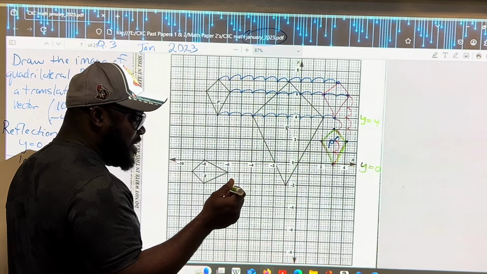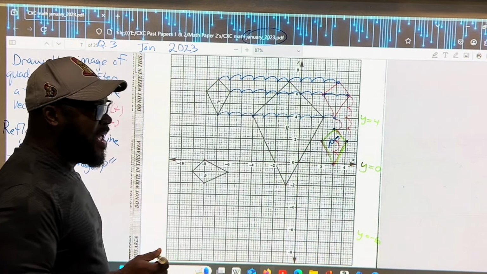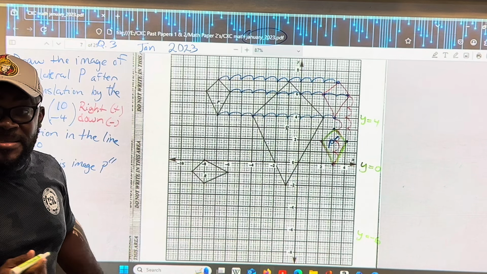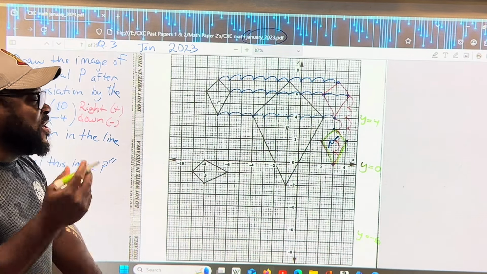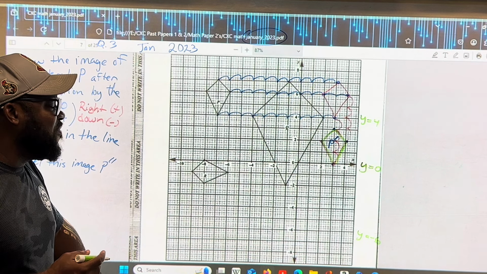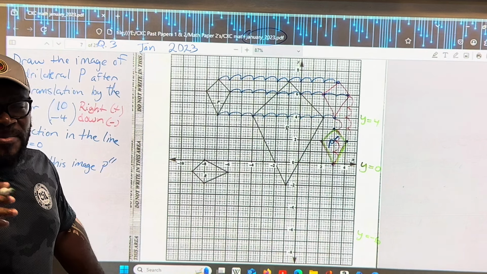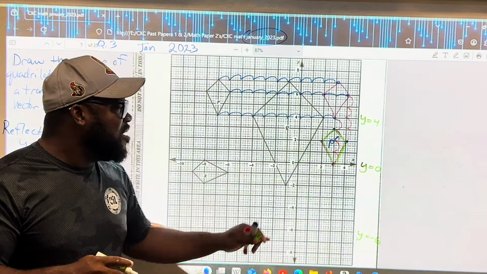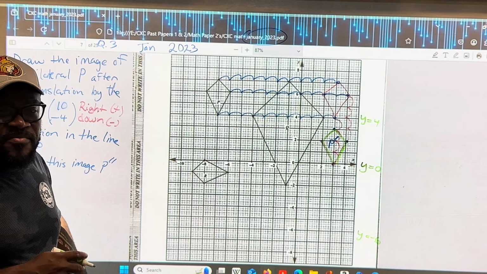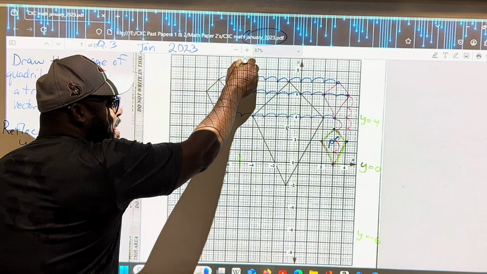Where y is negative 6 will be here. Y equals negative 6. Where x is 5, what line will that be? No, let me say x is negative 5. X is negative 5 will be this line here.